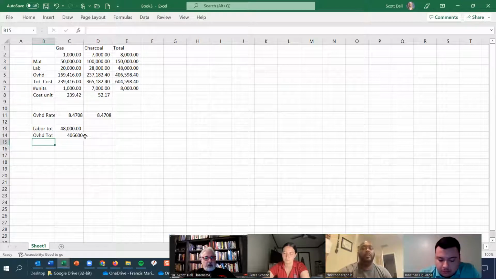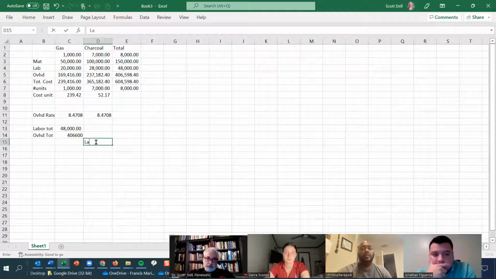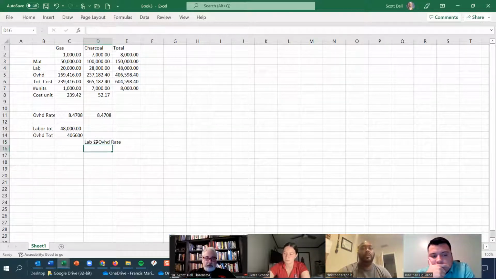So I want to find out what percentage, what's the factor I need to multiply here to get this to work. So I'm going to multiply my labor dollars times an overhead rate. The overhead rate is going to be equal to dollars over dollars.